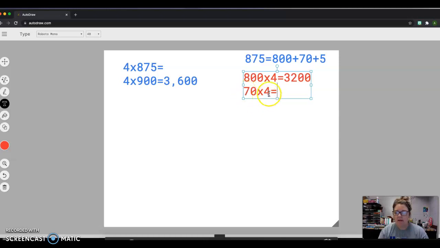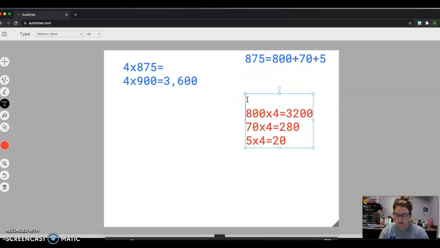We have 7 times 4, which is 28. And we're looking at 28 tens, so that's 280. And the final partial product is going to be 5 times 4, which we know equals 20. All right, so all of these right here are our partial products.